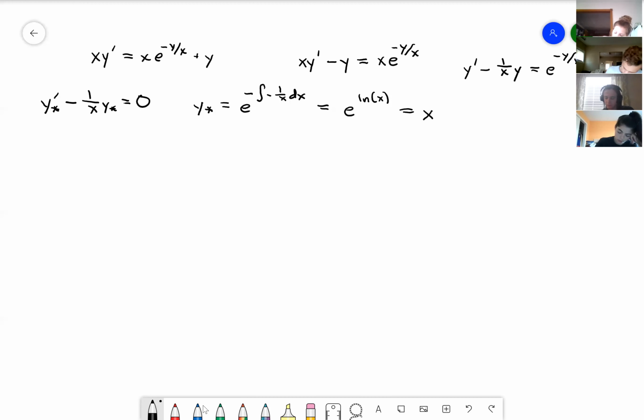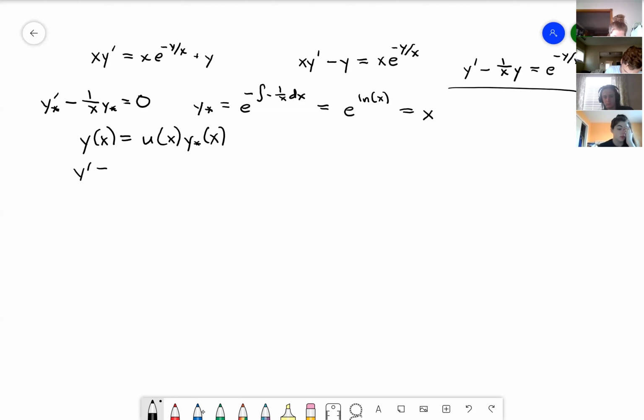And what we're looking for with variation of parameters is a solution of the form, let me write it like this, y of x equal to u of x y star of x. Okay. So if we plug this back into our equation right here, well, y prime, we need to figure out what that is.